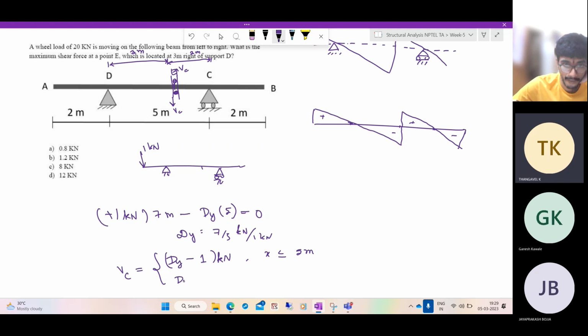And Vc is equal to dy. There's no -1 if the load crosses the point C and goes to the other side. It's just dy.